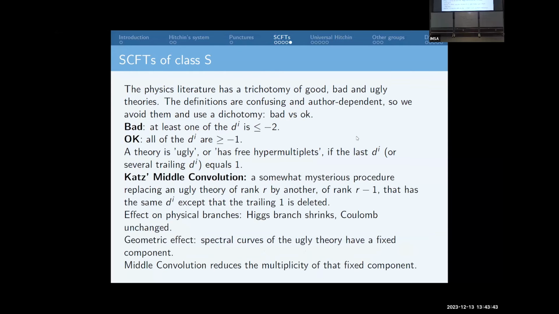The reason this is interesting is because of middle convolution, which is a somewhat mysterious procedure, replacing an ugly theory of rank R by another of rank R minus 1. That has the same degrees d_i with the trailing one deleted. So the effect of that on physical branches is the Higgs branch shrinks. We talk about removing a hypermultiplet.